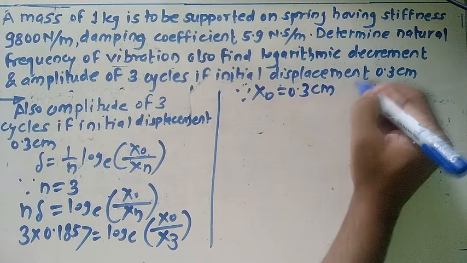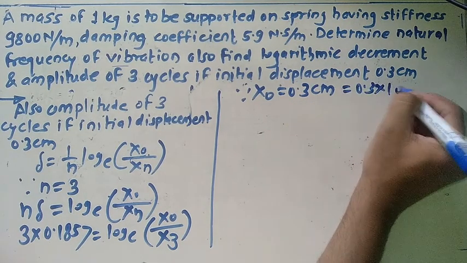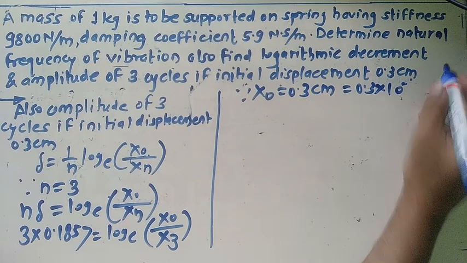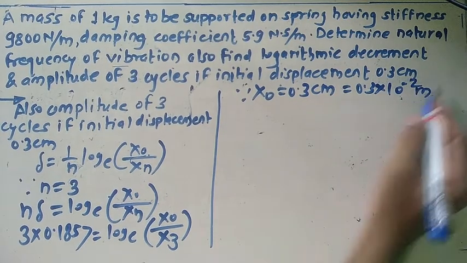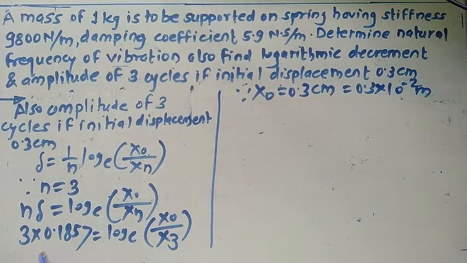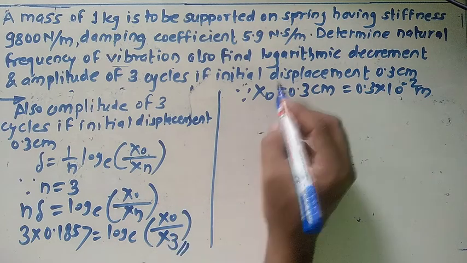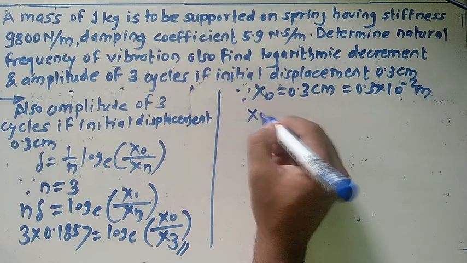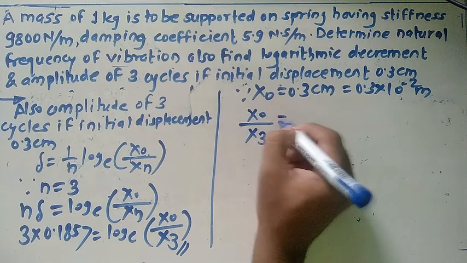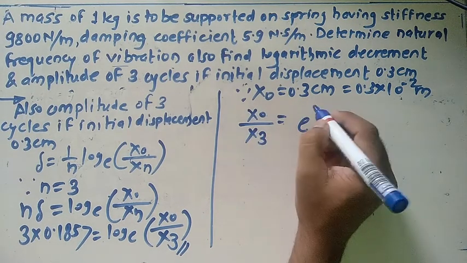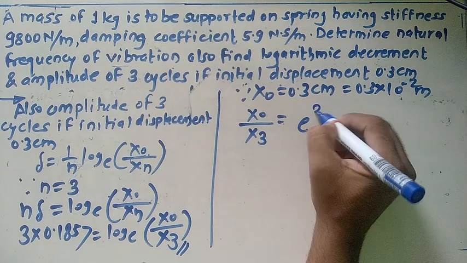Convert this into meter. Once again, if you see this relation, log to the base e into x naught by x3, my aim is to get the value for x3. So if I take the anti-log, then x naught by x3 equals e raised to n, which is already 3, multiplied by 0.1857.